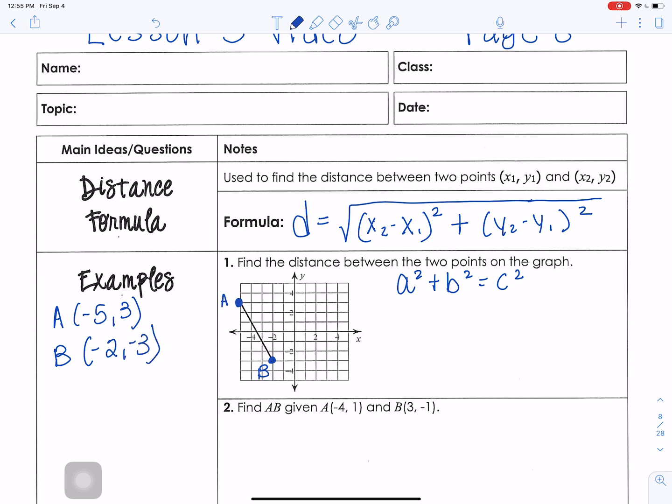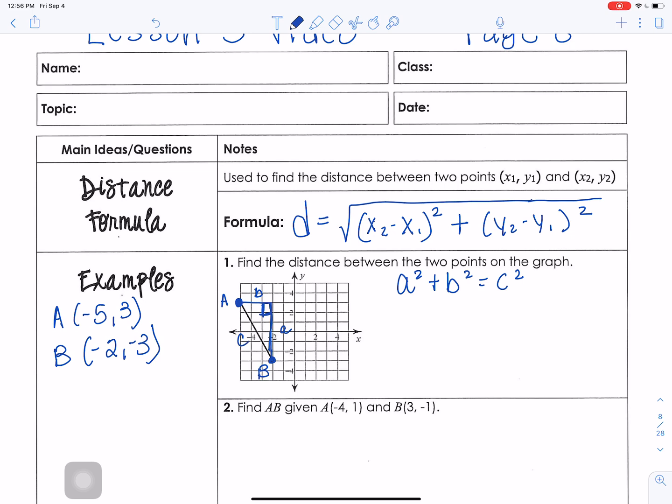And we're going to find the distance between those 2 points. Again, I'm going to start with Pythagorean theorem, though. If I were to connect vertically and horizontally into a right triangle, this could be my A side, my B side, my C side for Pythagorean theorem.